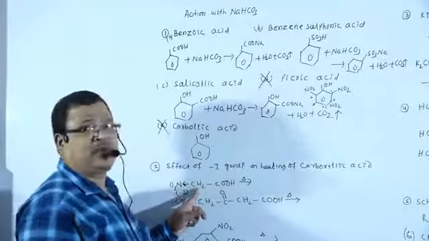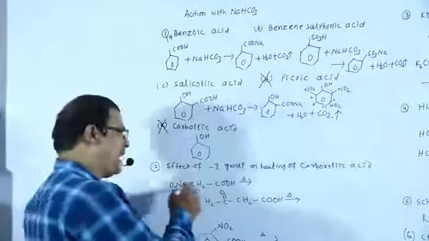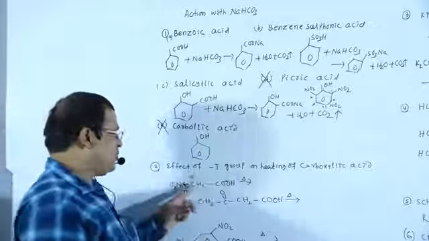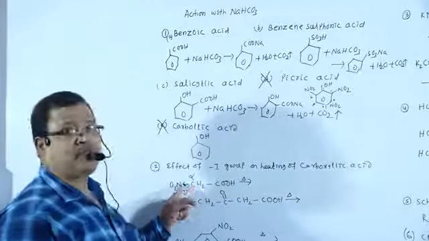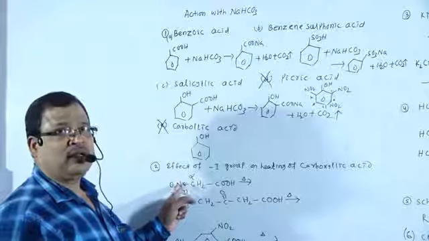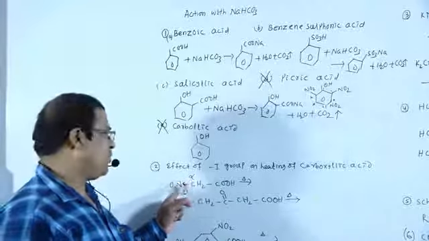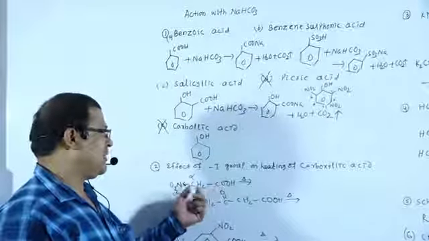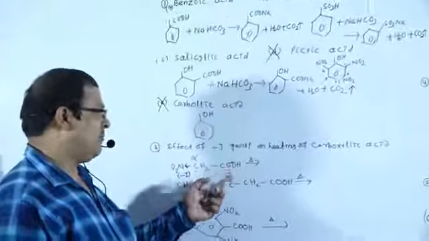The carbon atom nearby the COOH group is known as the alpha carbon atom. With NO2 on this alpha carbon atom, it is alpha nitro ethanoic acid, or 2-nitroethanoic acid.